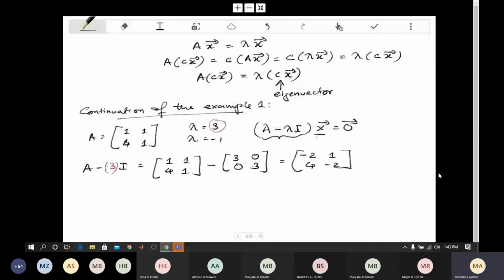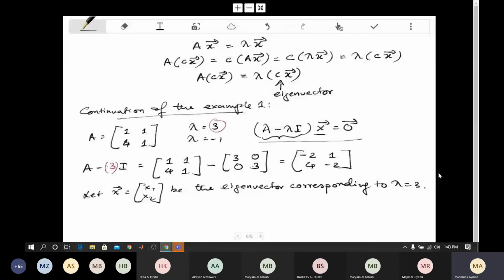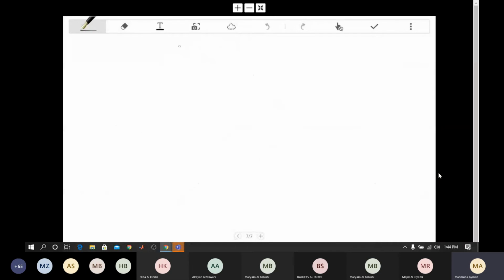Let it be the eigenvector corresponding to lambda is equal to 3. So then now using the characteristic equation, maybe I'll not write it on this page here, but on the other page, so it's easier to see.